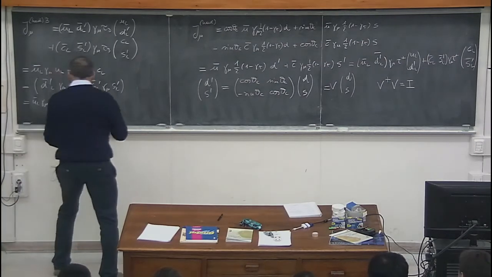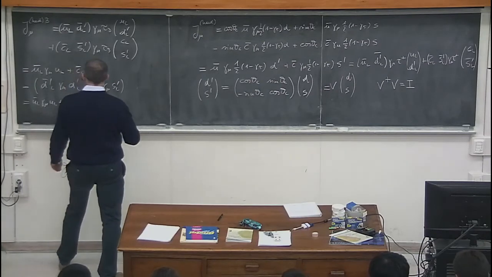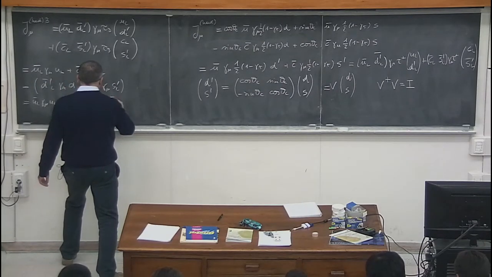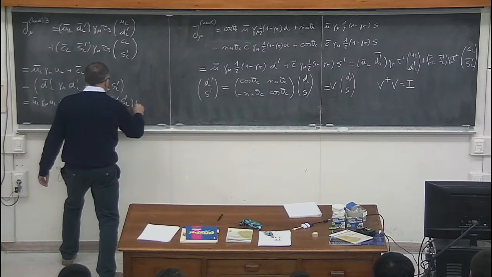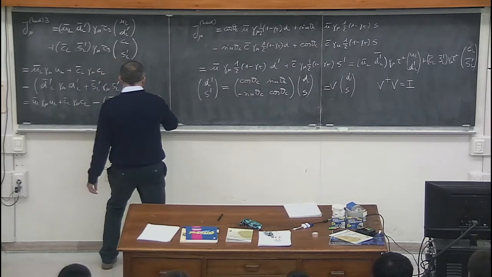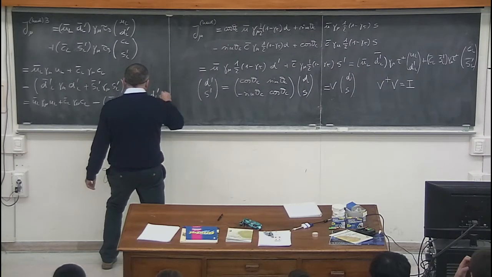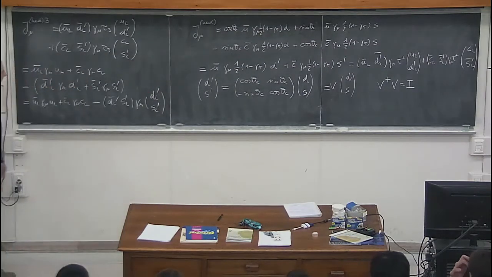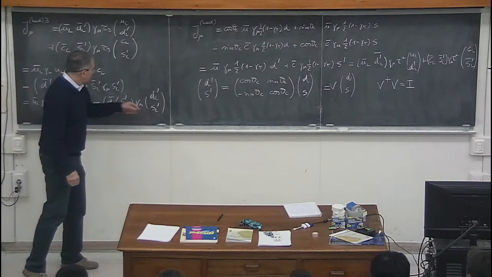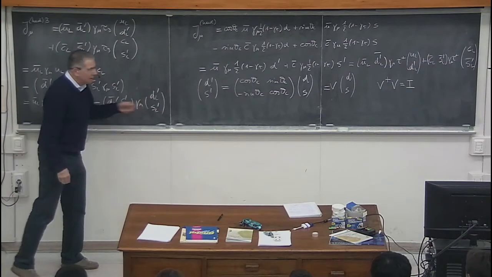And this I can write like this, minus d bar left prime, s bar left prime, gamma mu, d left prime, s left prime. Okay? Just a scalar product. This times this plus this times this.